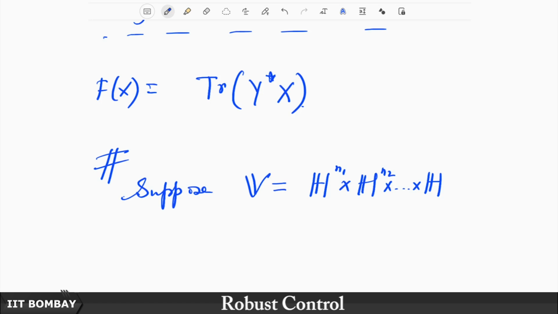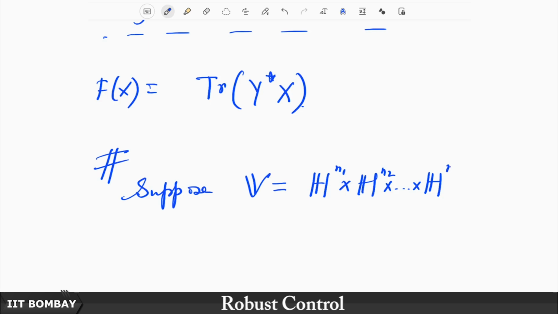Because the moment you fix the entry in the ijth position, you have already fixed the entry in the jith position as well. So, the Hermitian matrices form a smaller subspace of the overall vector space of n cross n matrices.